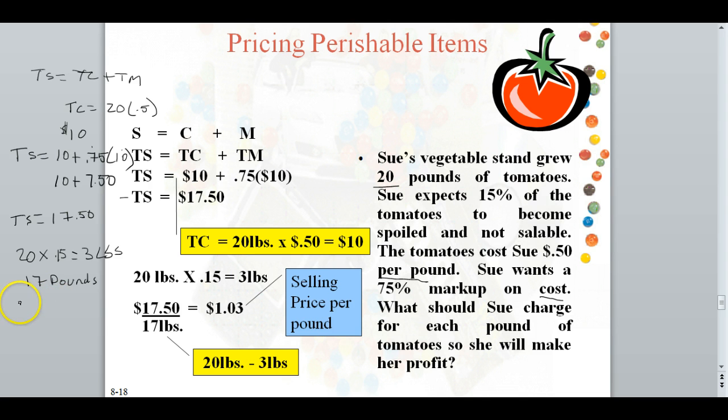So we're going to take the $17.50 per the new pounds, which equals 1.03. So now she needs to sell each pound for $1.03 in order to make it, given that these are perishable items.